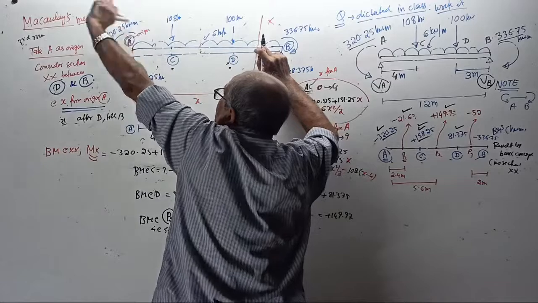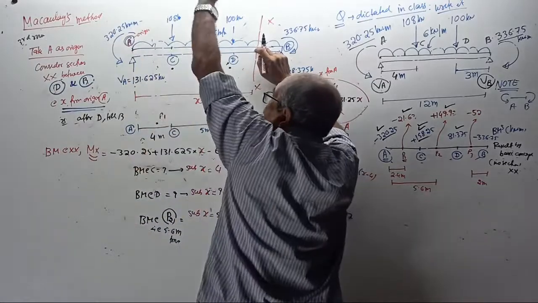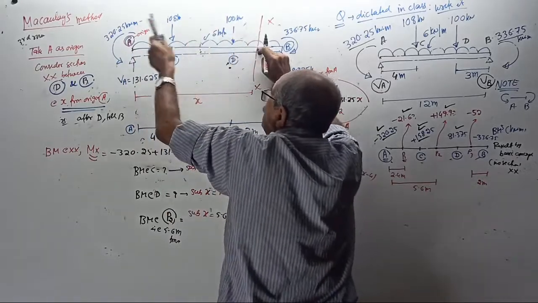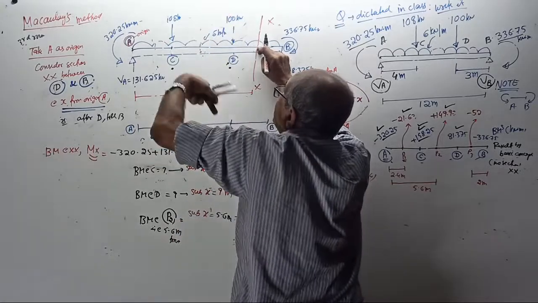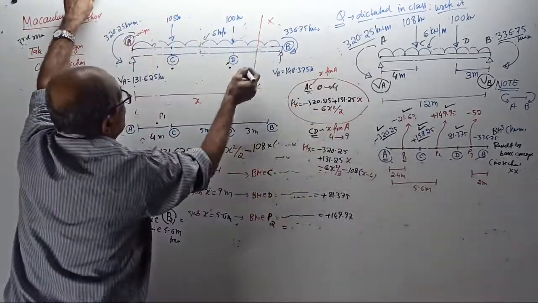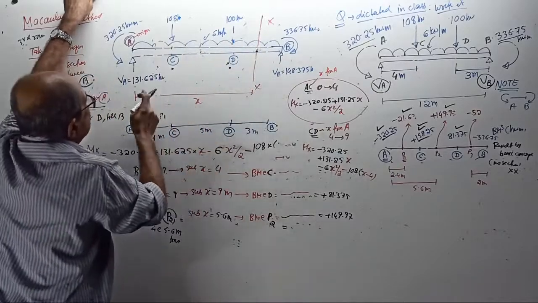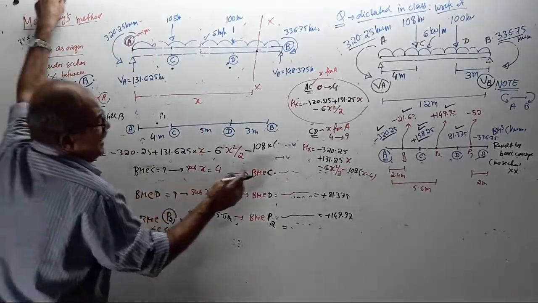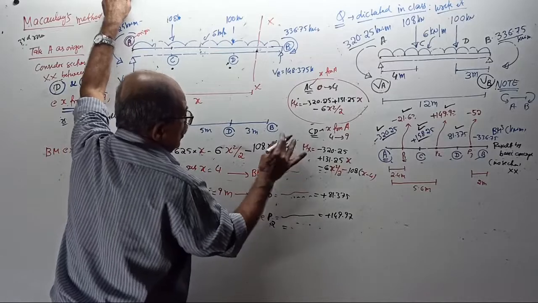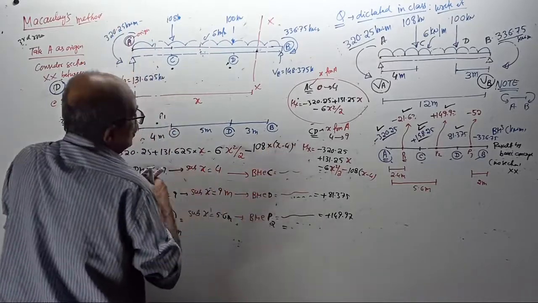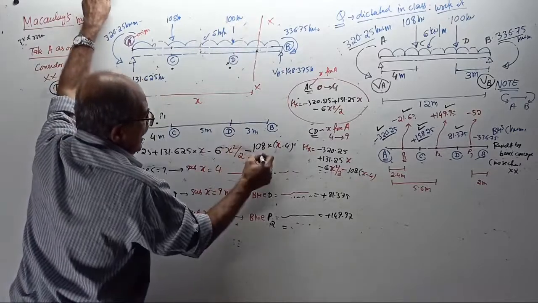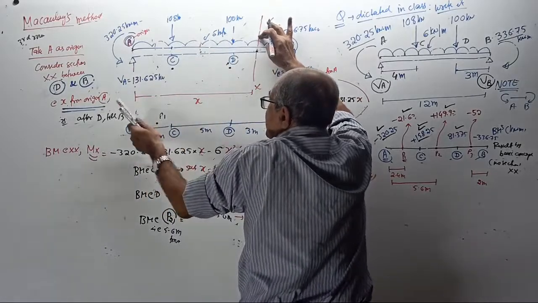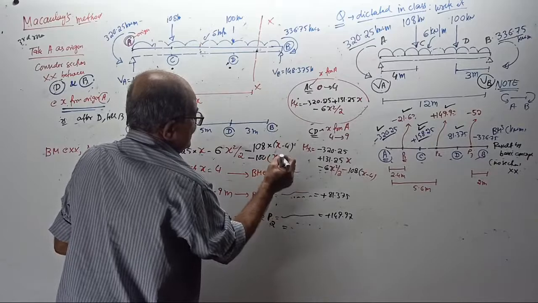Minus 320.25 plus 131.625 into X, minus 6 into X by 2, minus 108 into X minus 4, minus 100 into X minus 9.